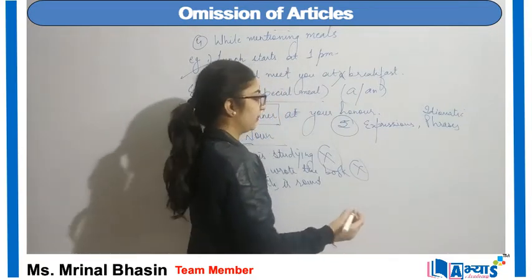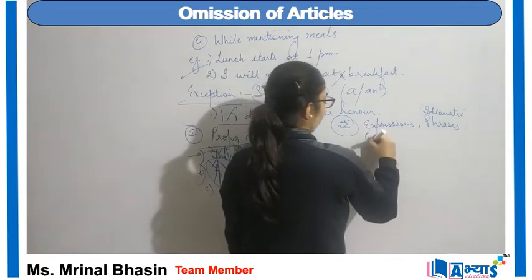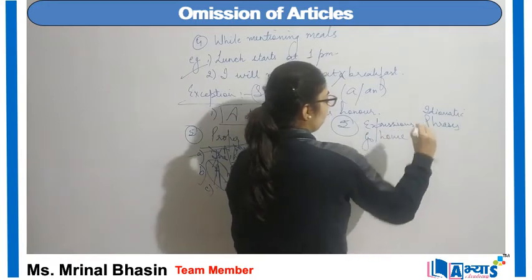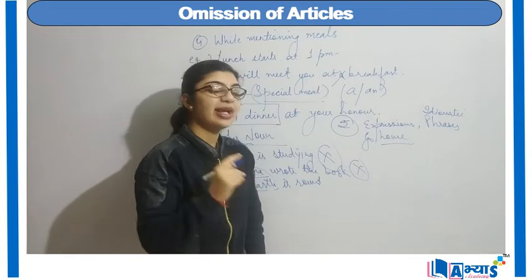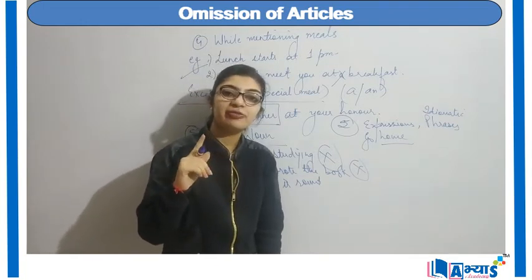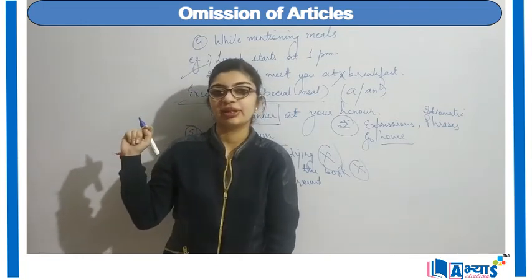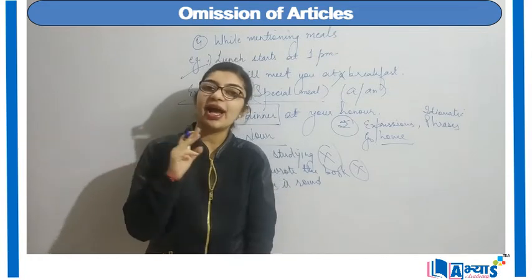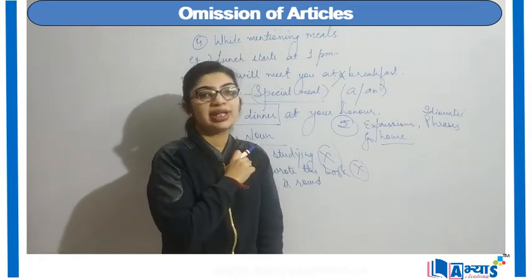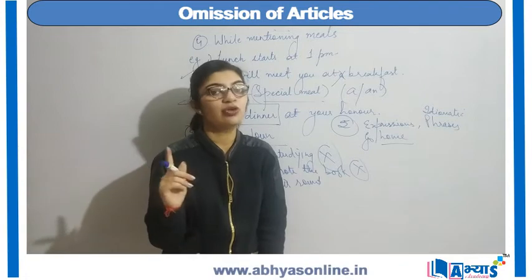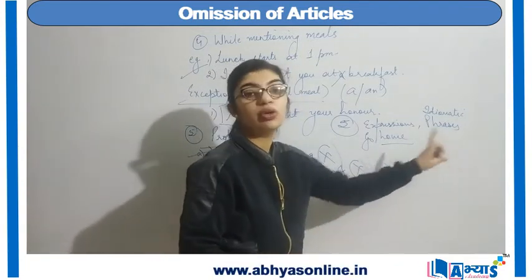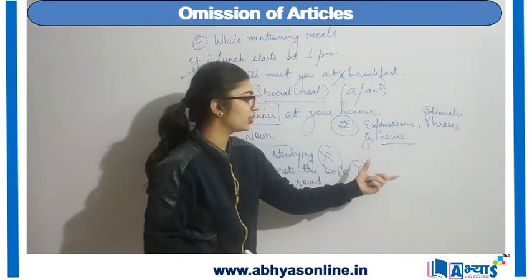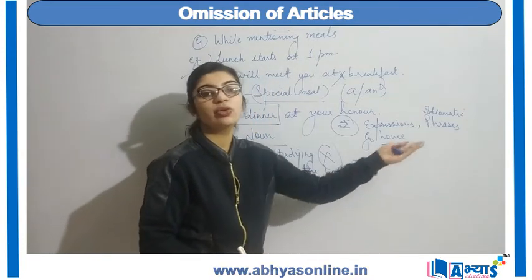An example can be "go home." Now I know that home is a noun. If I say I have a home in Jalandhar, or I have built a home in Delhi, that is a home, correct? But "go home," I will not say "go a home." This is a phrase or an expression. I will say "go home."